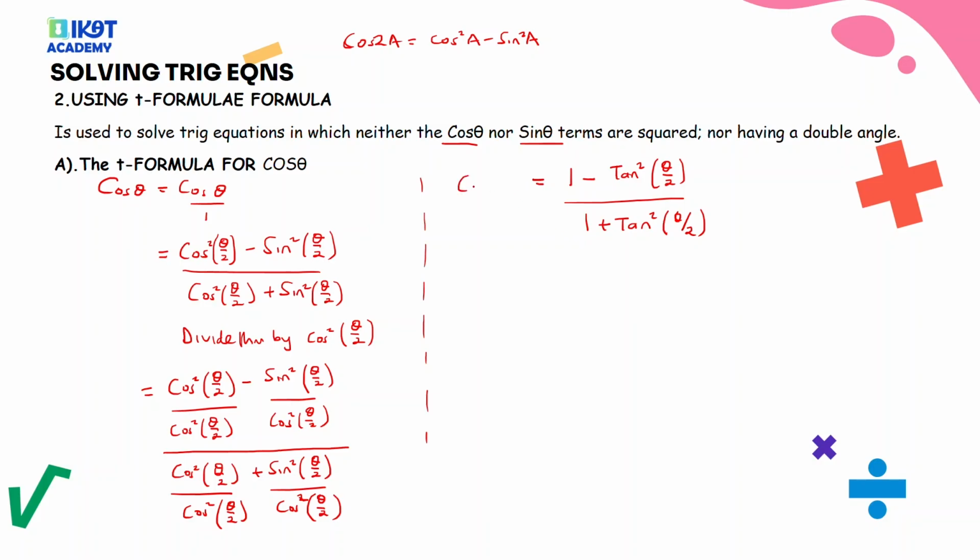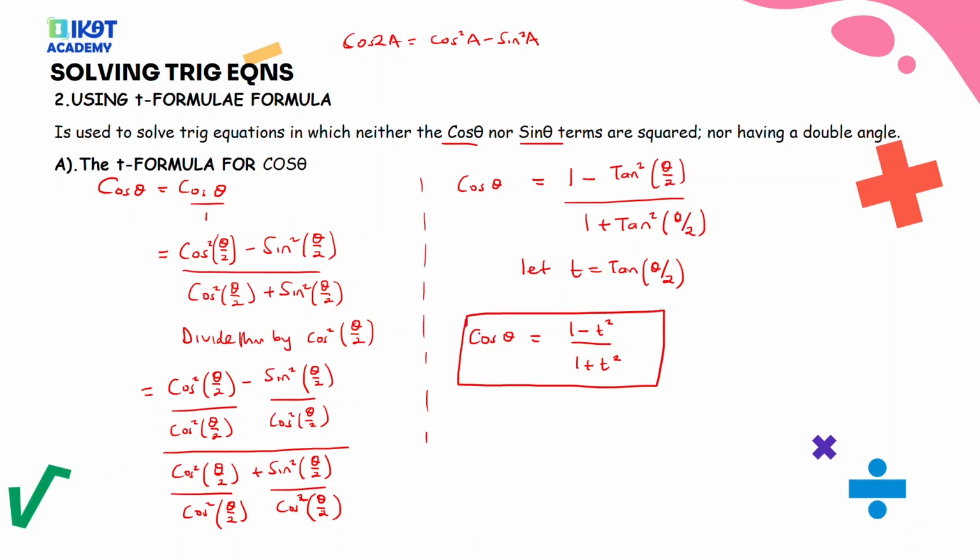So this is cos theta. We are going to let t be equal to tan theta out of 2. So we get cos theta is equal to 1 minus t squared out of 1 plus t squared. So this is the T formula for cos theta in terms of t.